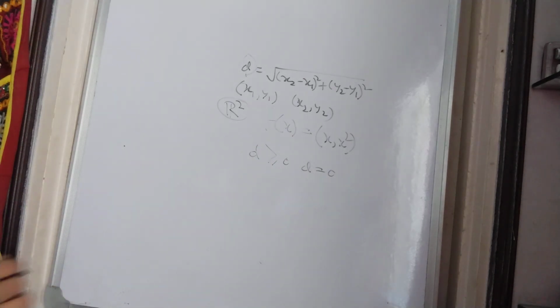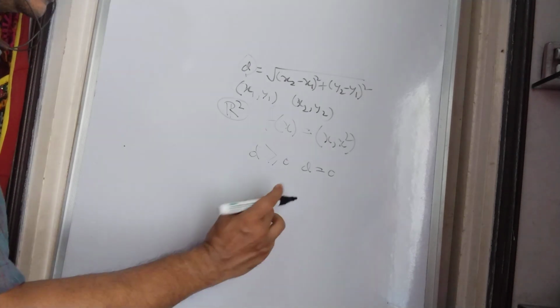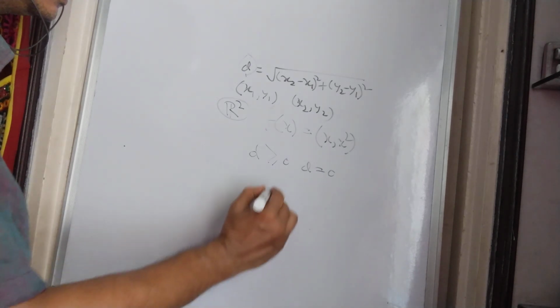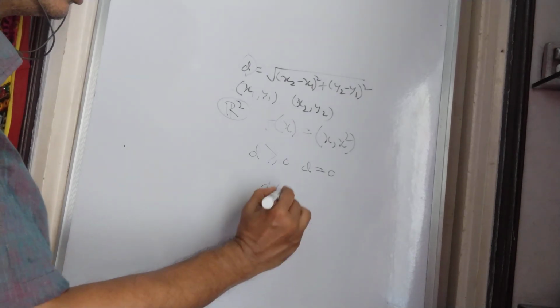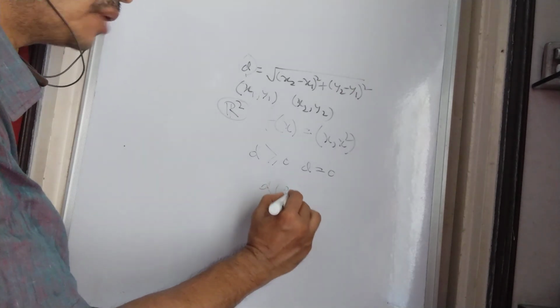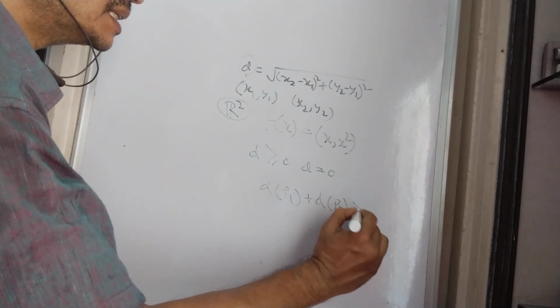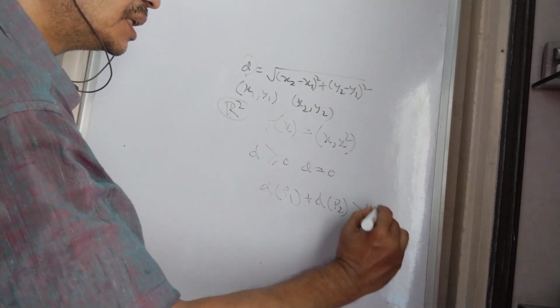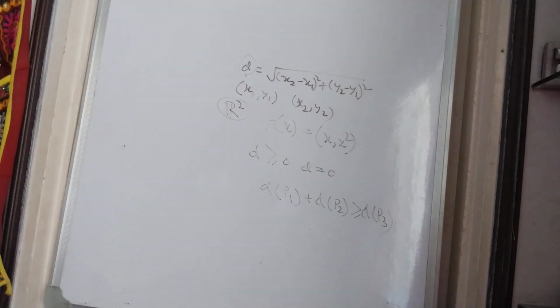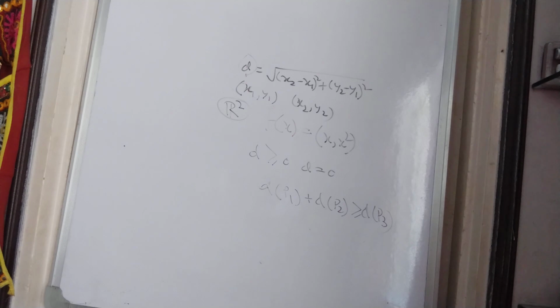And we know that we have the famous triangle law, which may be written as d of P1 plus d of P2 is always greater than or equal to d of P3, if P1, P2, P3 are the lengths of the three sides of a triangle.